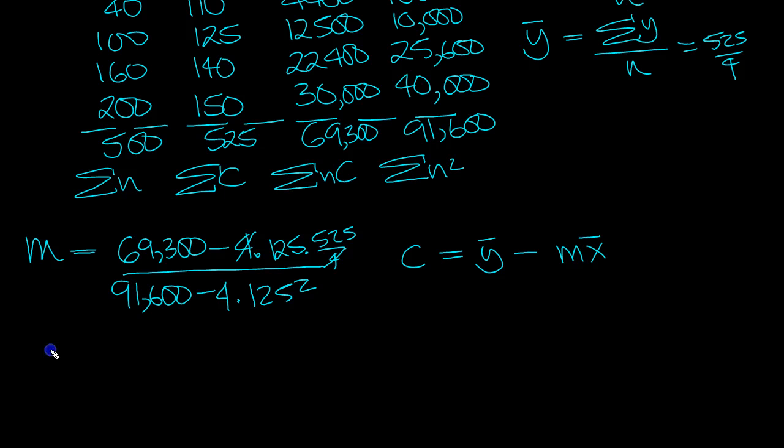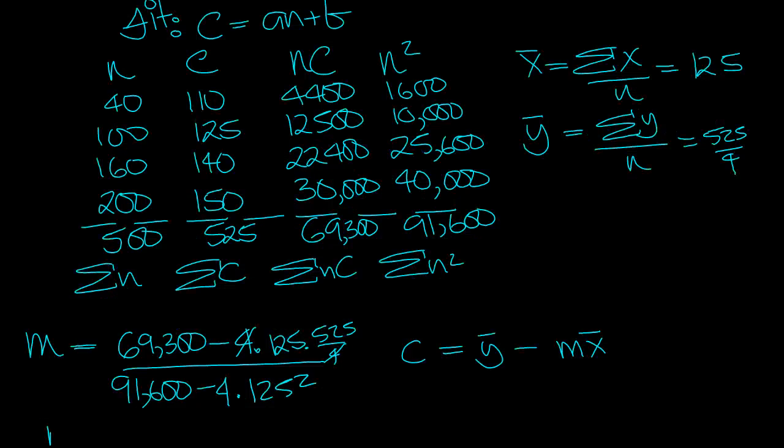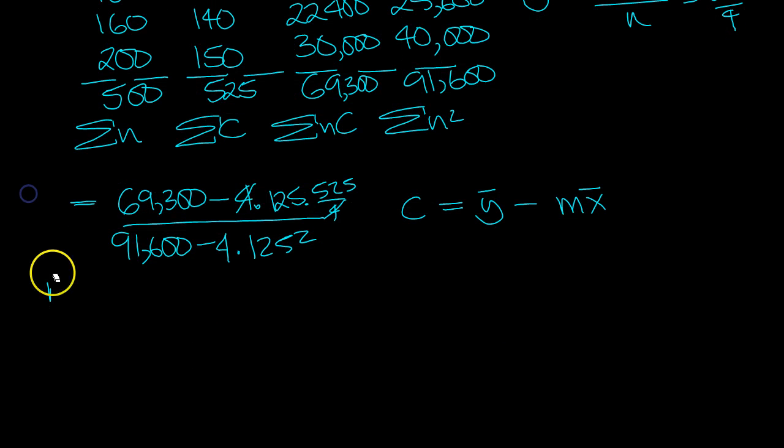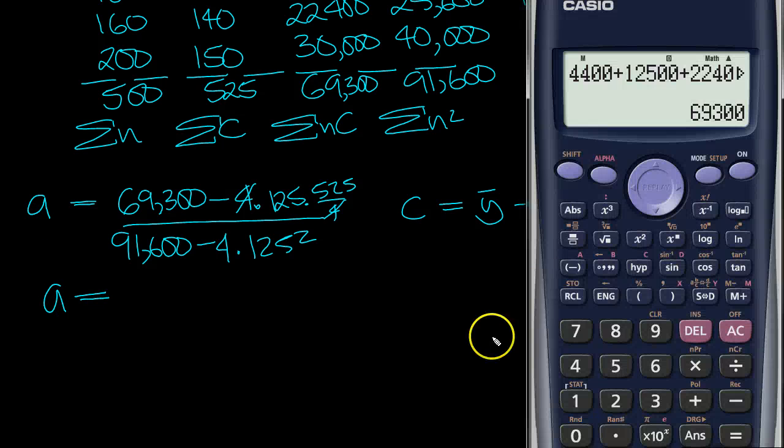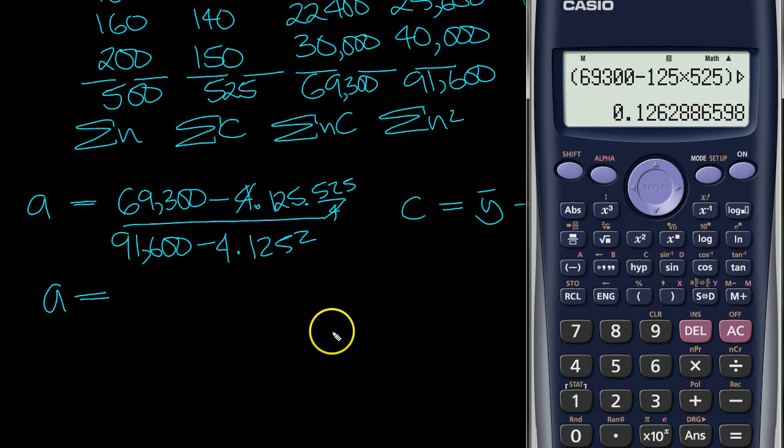Okay, there's m, which in our case is the value a. So here a is, on the top, 69,300 minus 125 times 525 divided by, bracket, 91,600 minus 4 times 125 squared, close the bracket. 0.1262.